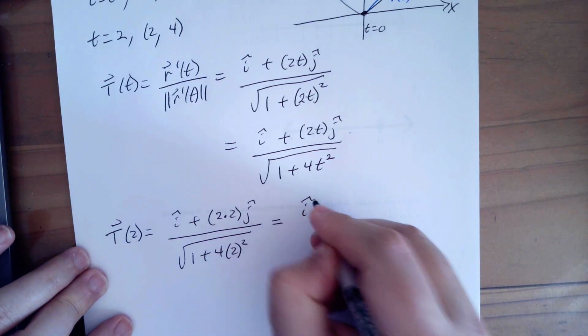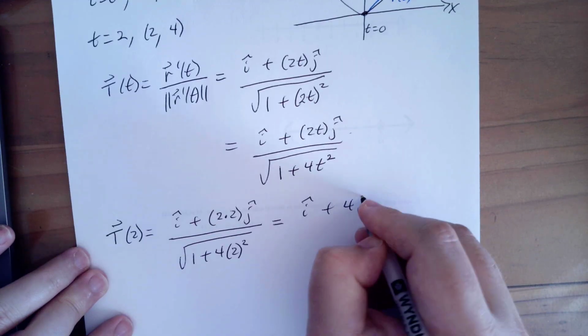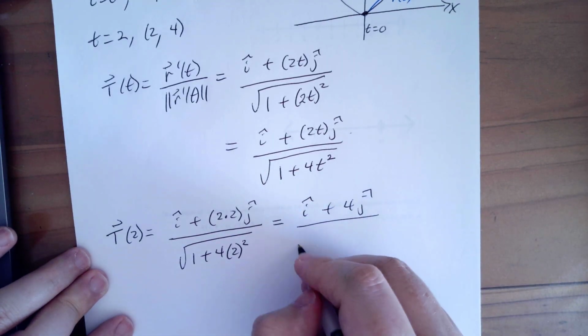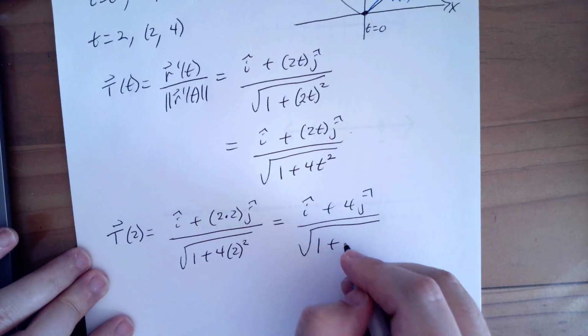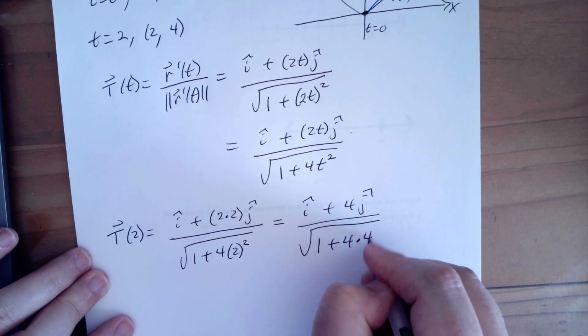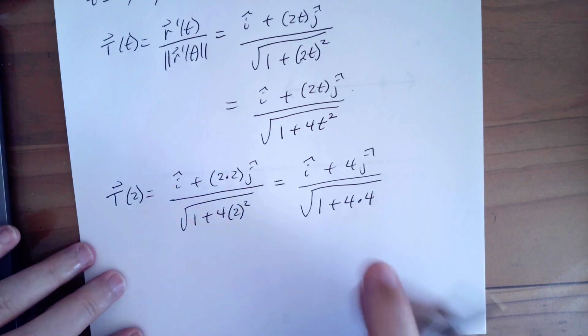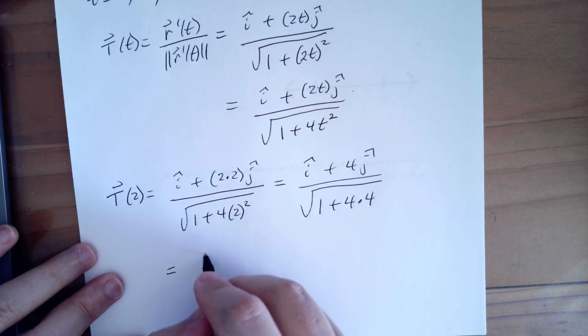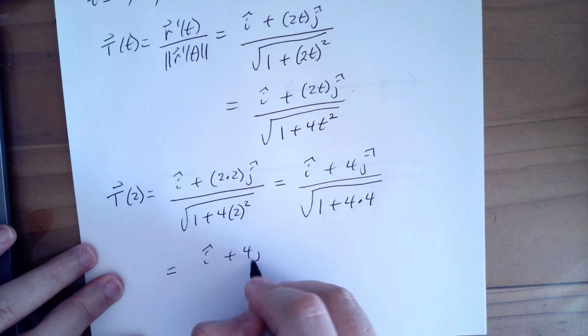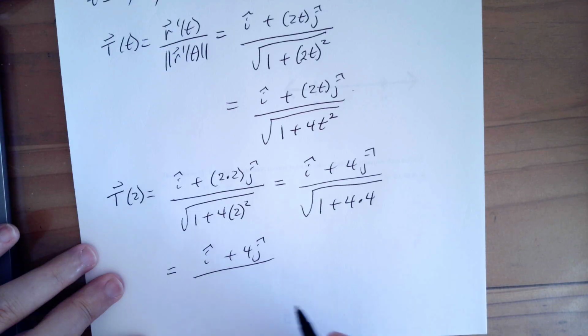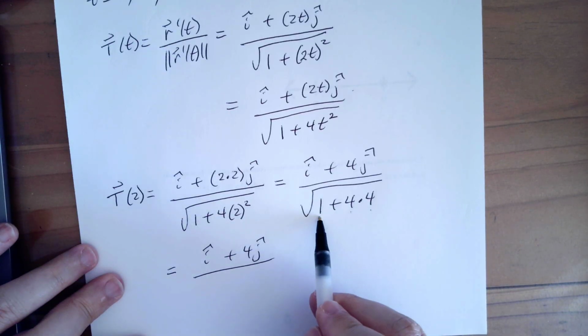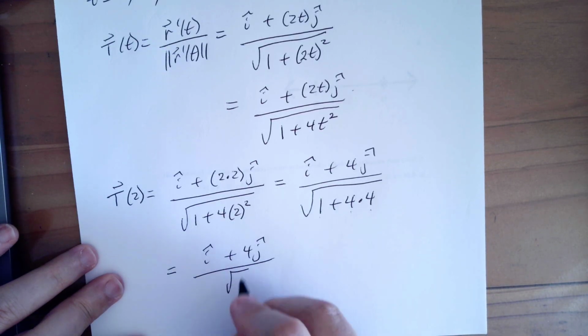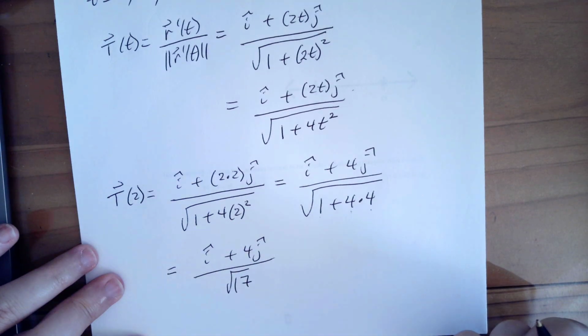Simplifying, i hat plus 4 j hat over square root of 1 plus 4 times 4, which is going to be i hat plus 4 j hat over, this is 16 plus the 1, so it'll be square root of 17.